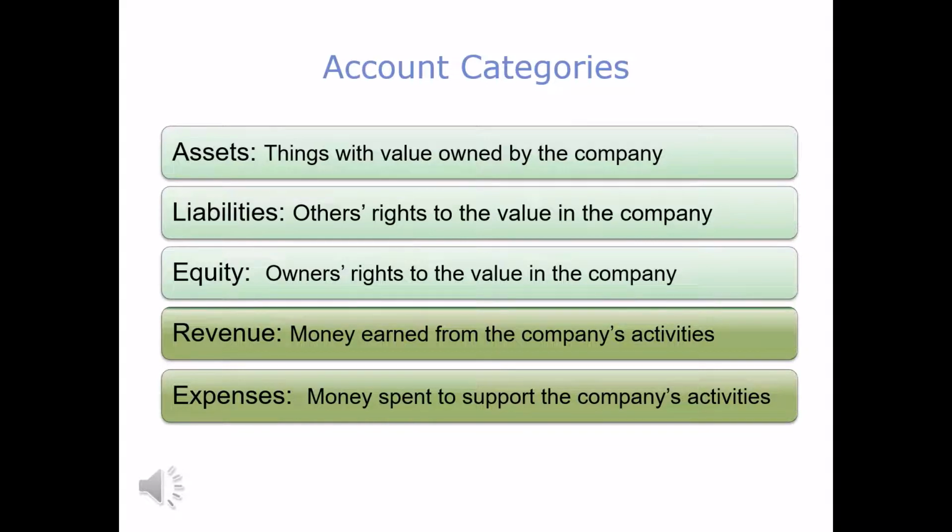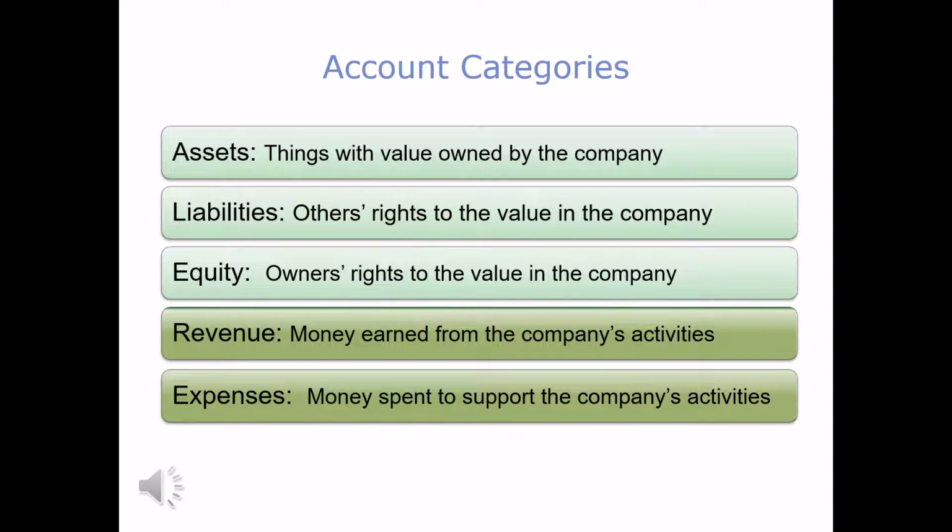When we earn more money, when we put in more money as a cash contribution, our rights to the value of those assets increase. The other two accounts, revenue and expenses, indicate the money that we earn and the money that we spend for our regular course of business.